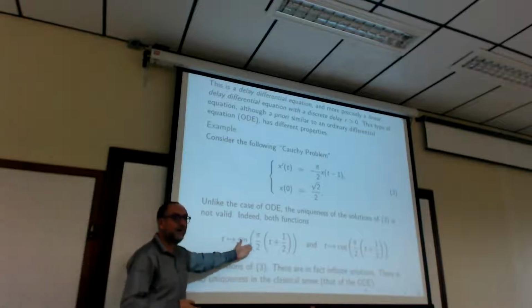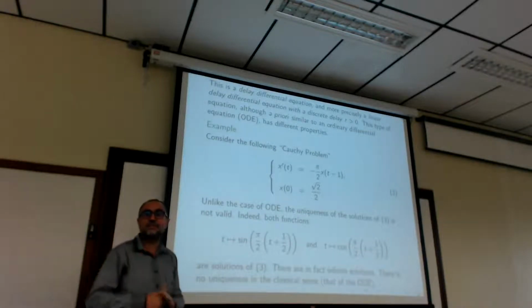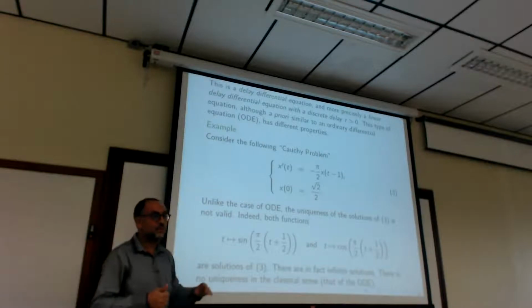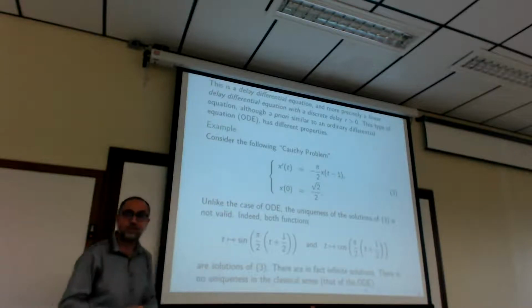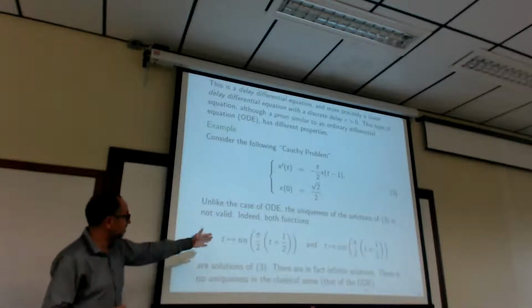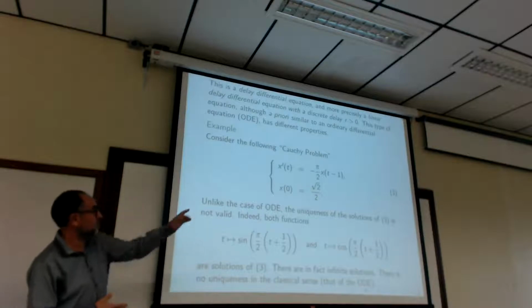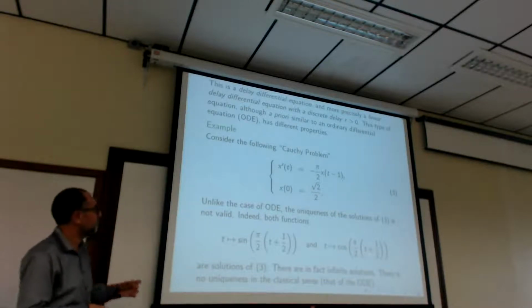And this never happens for ordinary differential equations, especially in the linear case. That means we have two solutions, and the solutions can cross all the time. They are infinite. We can prove that there are infinite solutions of this equation.